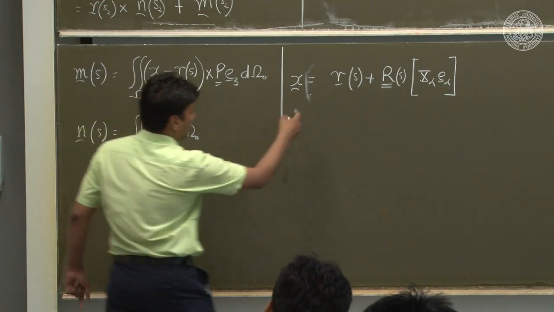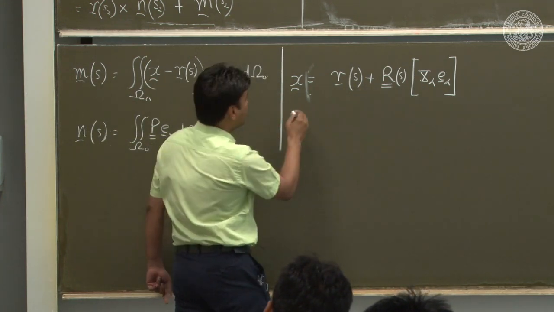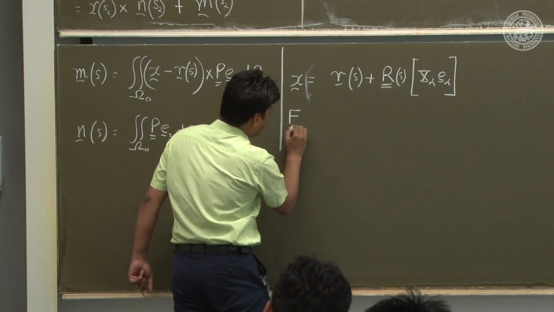For example, if you use this constrained deformation map, what is then big F?